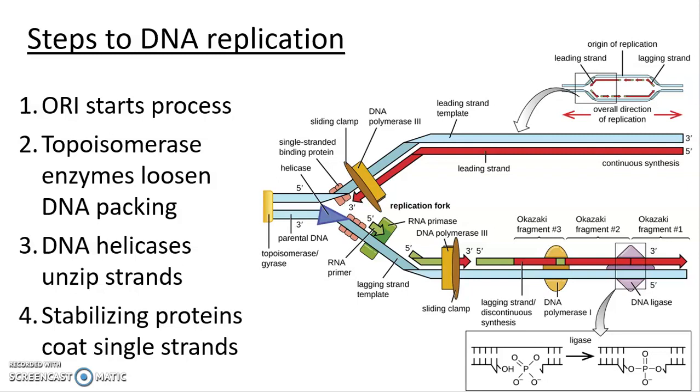So in order to make sure that you keep the two strands apart, because you've just spent some energy with your DNA helicase, some stabilizing proteins are going to come in here and coat both of the single strands, and these are known as single-stranded DNA binding proteins to basically prevent that reannealing from occurring there.